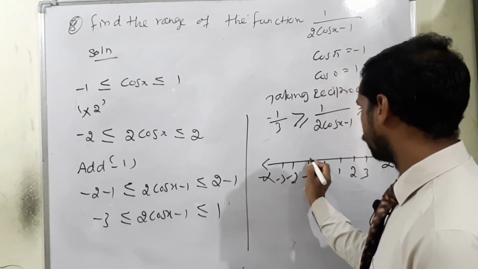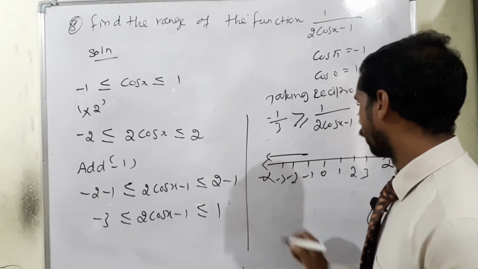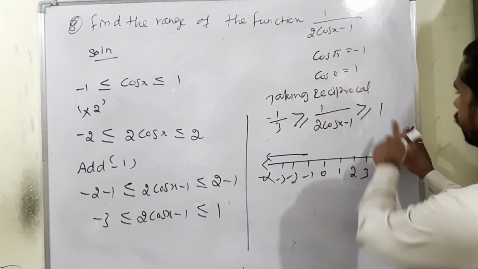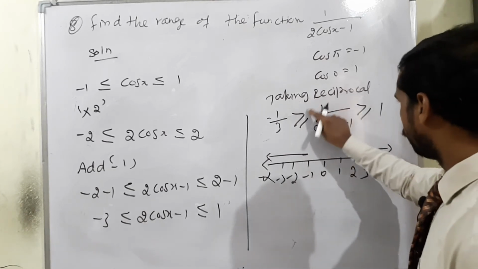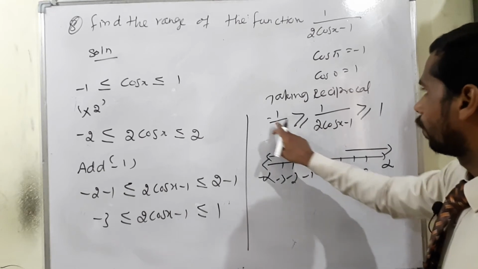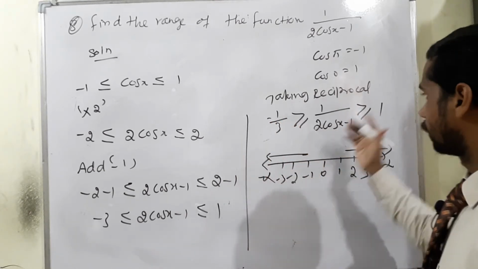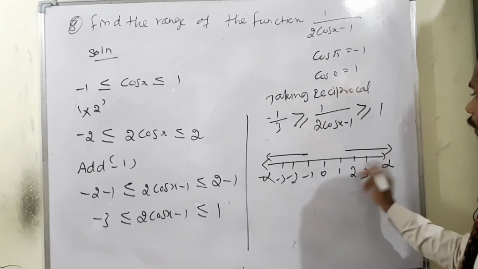The greater than means this is the minus term, only this function, isn't it? It's moving to there. Then on the opposite side, if you take it, it is greater than 1, isn't it? Listen, the 1 by (2 cos x minus 1) is less than or equal to minus 1 by 3, negative side. At the same time, 1 by (2 cos x minus 1) is greater than positive 1, more than the positive value.